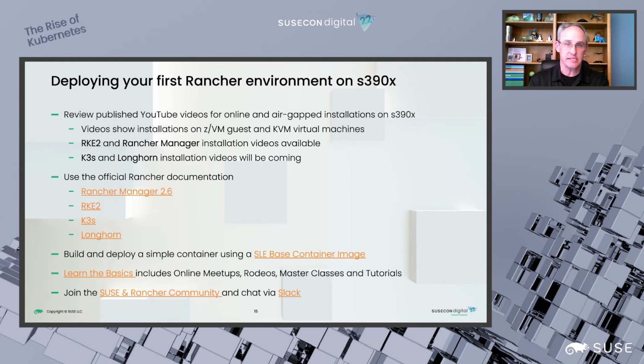After you get the basic Rancher RKE2 and Rancher Manager components deployed, you probably are going to want to deploy a containerized application. Now, you're welcome to use the Hello World application. I've made some changes to it since Andy worked on it. But basically, if you wanted to deploy your own containerized application, you could build it using the SUSE Linux Enterprise base container image, or what we call BCI for short, as a starting point.